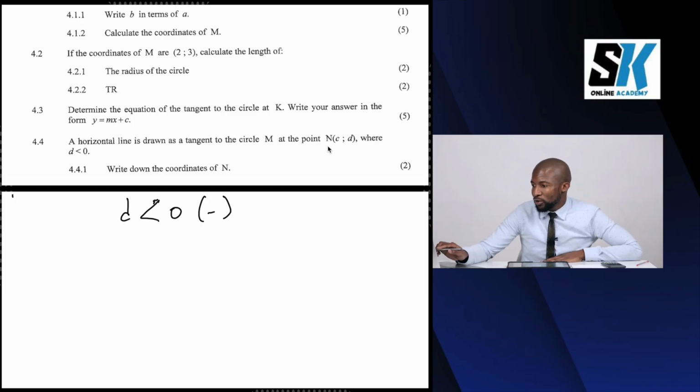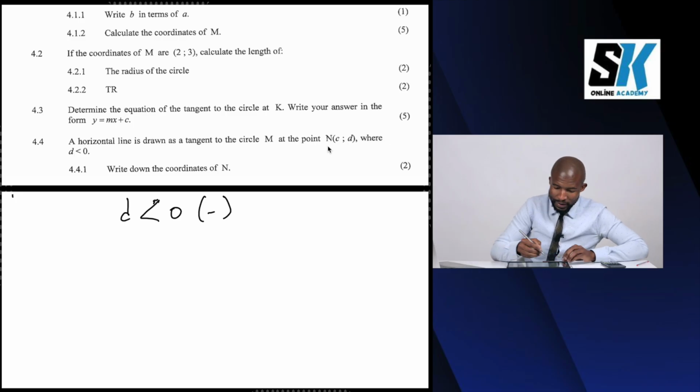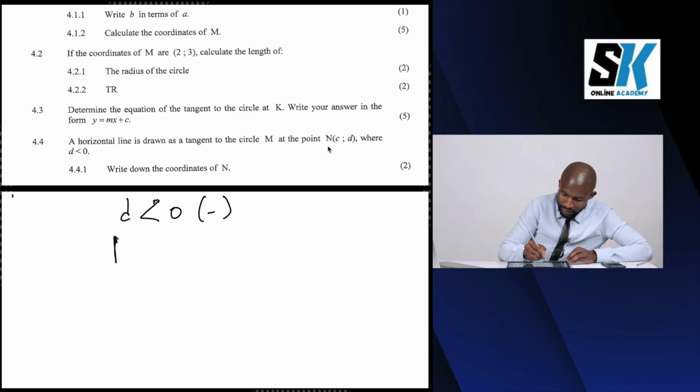So they said a horizontal line drawn as a tangent to the circle M at point N. So that line is drawn directly to M. That means that the coordinate, which is the C value, has to be equal to the exact same value for M. They share the same x value, so you're going to have N being (2; D).